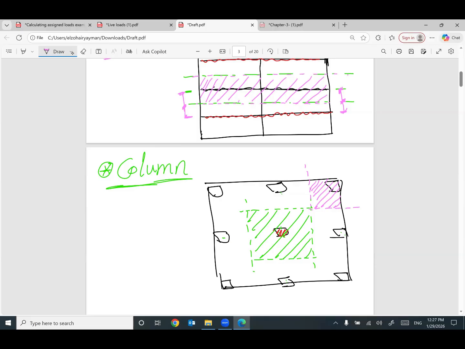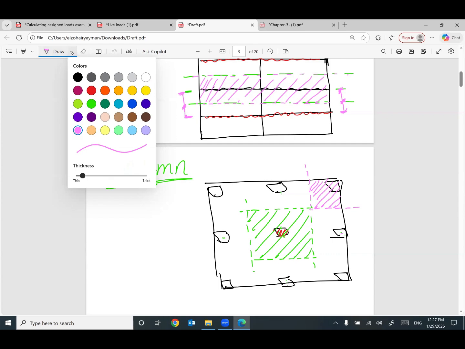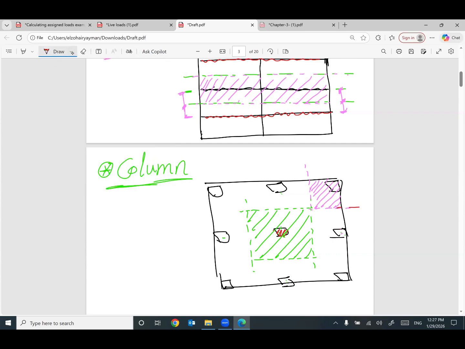If you look at this edge column, from center line to center line to center line, this area will be assigned to this column. And this column, if you remember, is called edge column. And this column is called corner column.